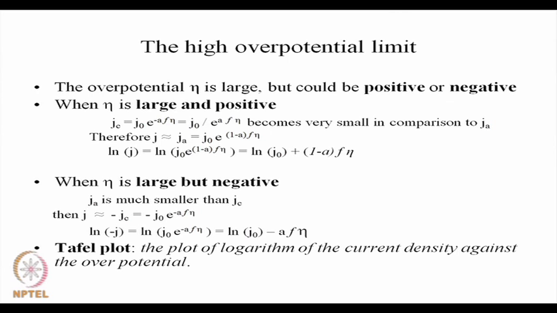Overpotential large means it could be large in the positive sense or large in the negative sense also. So, when it is large positive, what is going to happen? The cathodic current density Jc is equal to J0 into exponential minus A f eta, which becomes very small in comparison to Ja.